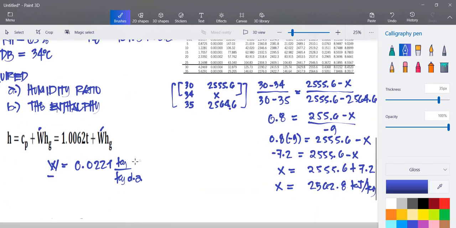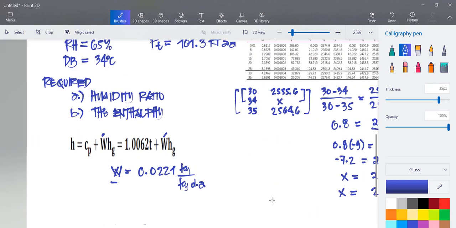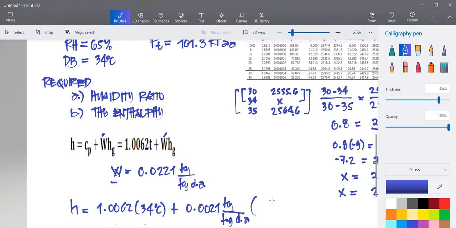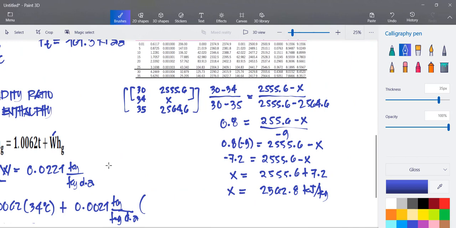So we have the value, so substituting it in the equation, that will be h equals 1.0062 multiplied by the temperature, 34 degrees Celsius, plus the humidity, 0.0021 kilogram per kilogram of dry air, multiplied by the value of enthalpy, 2562.8 kilojoule per kilogram.